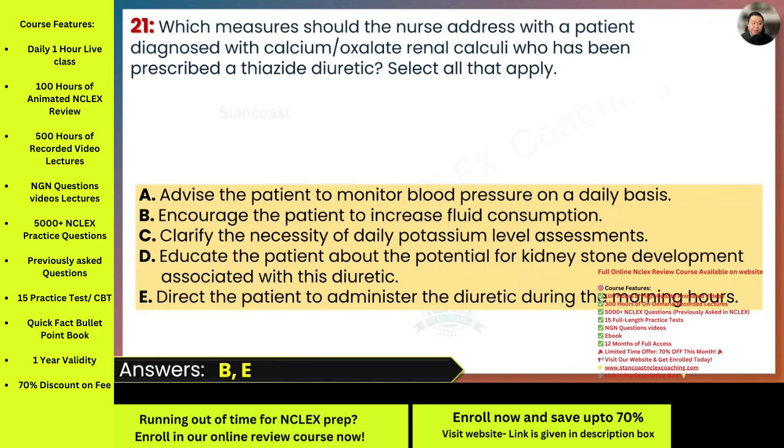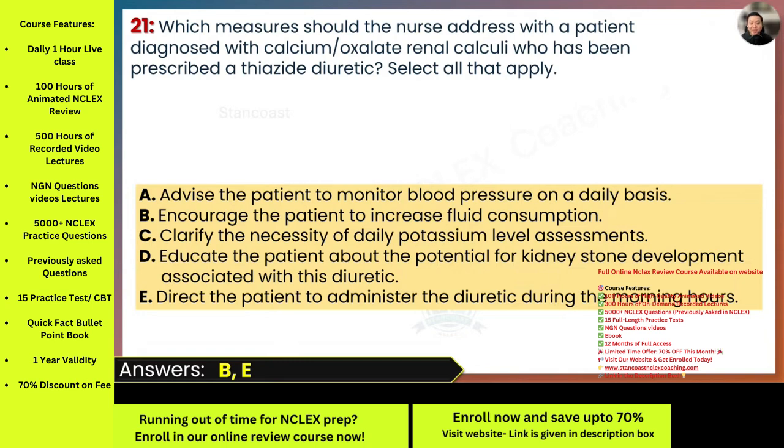Now, what about letter C? Clarify the necessity of daily potassium level assessments. Well, periodic potassium monitoring is generally important for patients on loop diuretics, which are known to cause significant potassium loss.